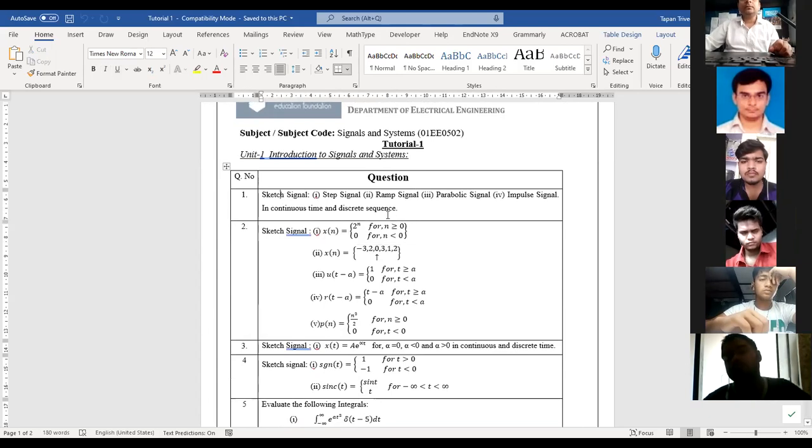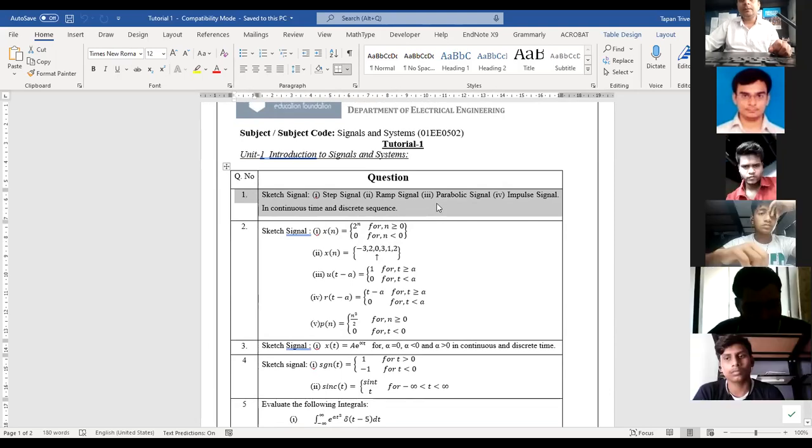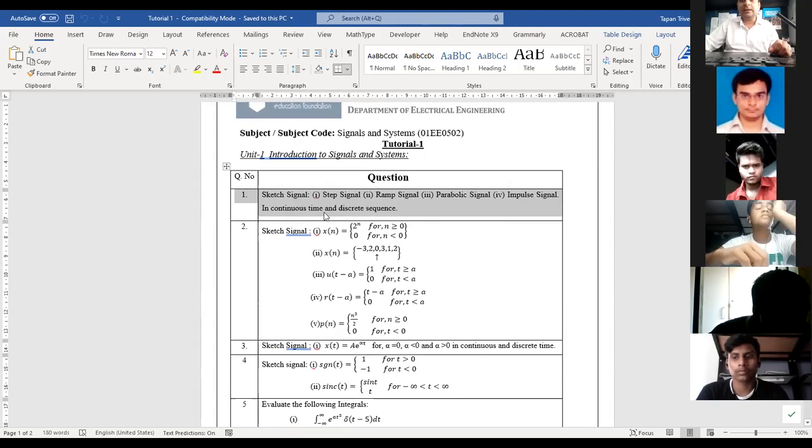Now, as you can see, the first problem is about sketching different signals like step signal, ramp signal, parabolic signal, impulse signal, and we need to sketch all these signals in continuous time and discrete time. Okay.